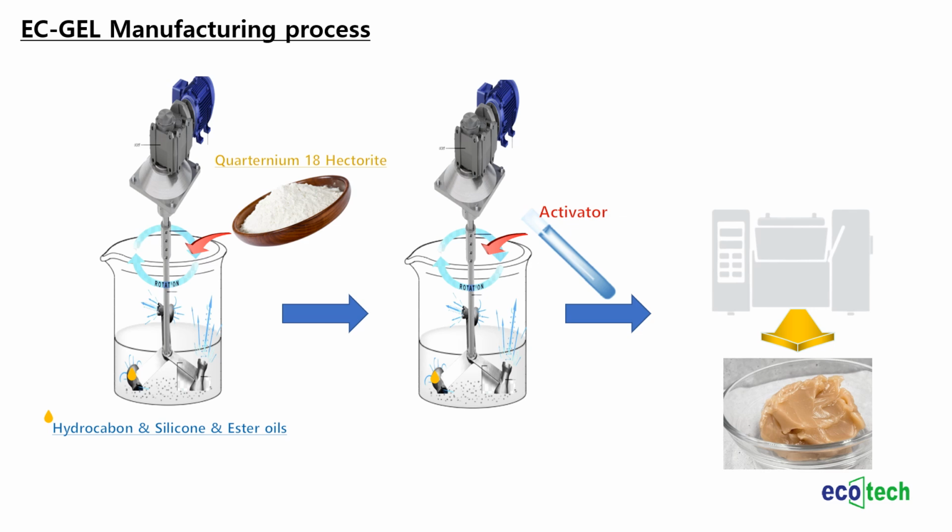As mixing continues uniformly, the clay begins to swell and disperse throughout the medium. In the next step, an activator such as propylene carbonate is introduced. This helps exfoliate the layered clay structure and initiate the formation of the three-dimensional card house gel network.